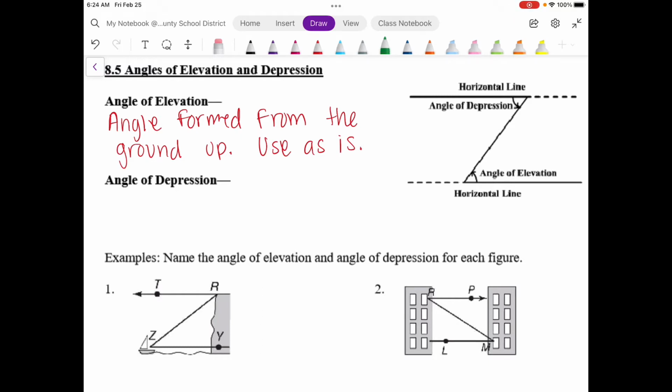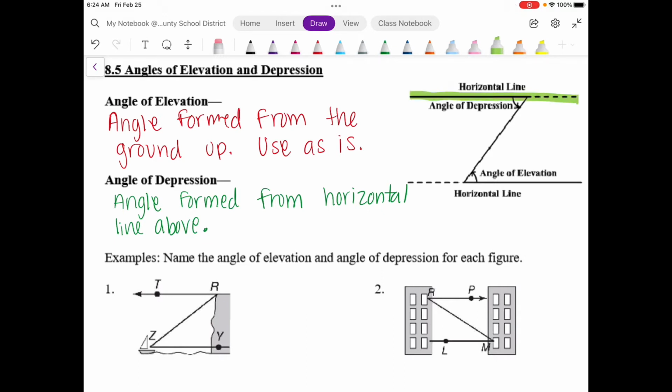If we are given angle of depression, this is going to be an angle formed from the horizontal line above. Okay, so here we have above the horizontal line, and then angle of depression means it's going down.